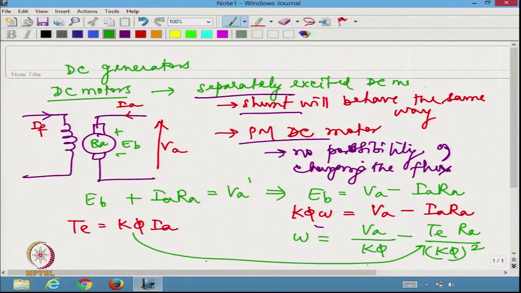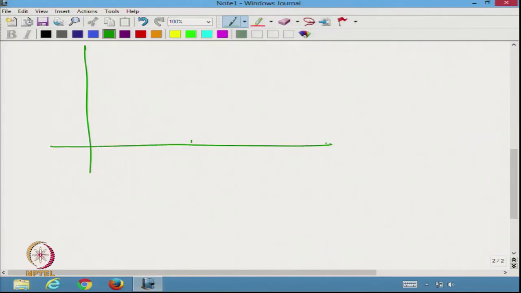The torque speed relationship is a linear relationship which I can plot somewhat like this. If this is the torque speed plane, with omega on one side and TE on the other, this will be a straight line characteristic.